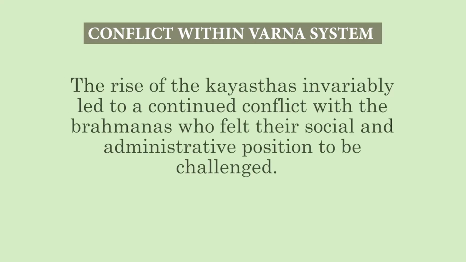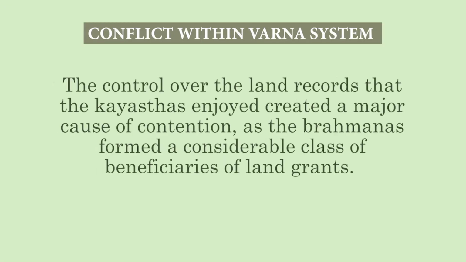The rise of the castes invariably led to a continued conflict with the Brahmins, who felt that their social and administrative position was being challenged. The control over the land records that the Kayasthas enjoyed created a major source of contention between these two communities.